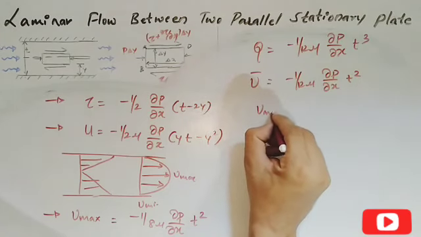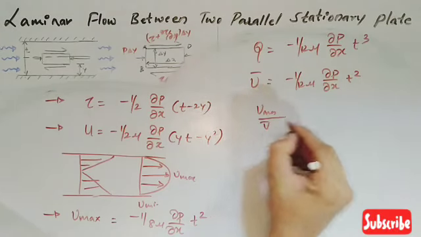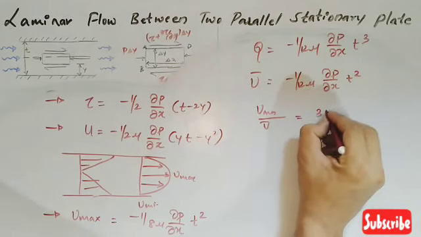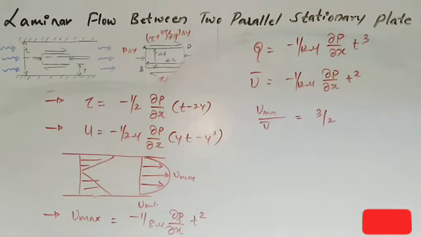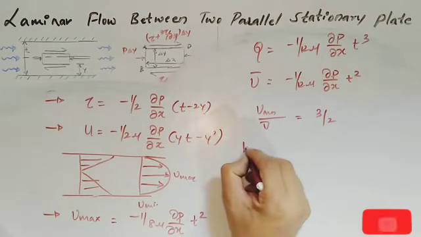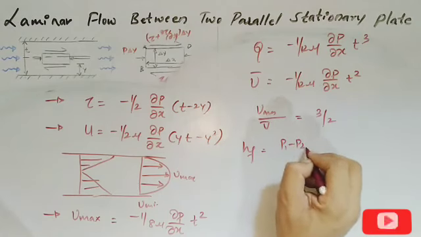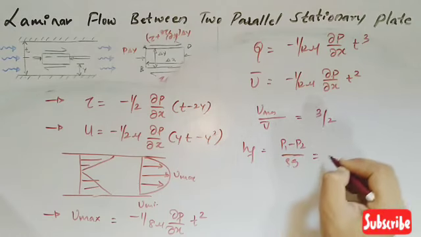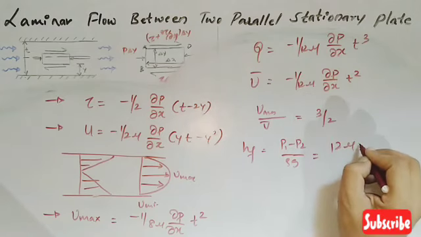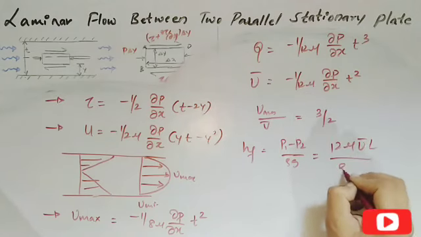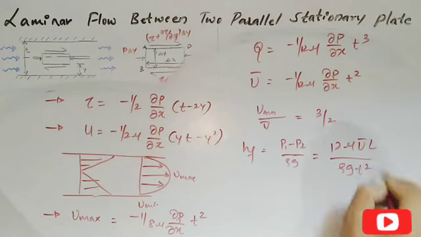Then the ratio of u max divided by u bar, which equals 3 by 2. Lastly we calculated the pressure loss, the loss of head hf, that is P1 minus P2 divided by rho g, equals 12 mu u bar L divided by rho g into t square.